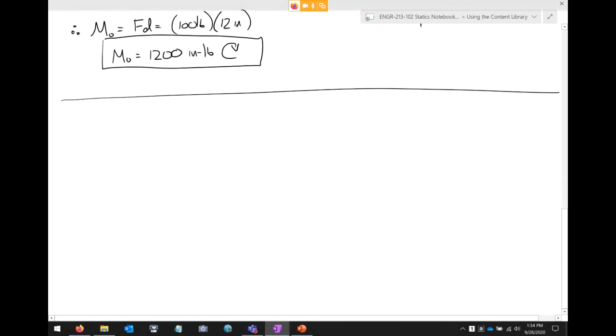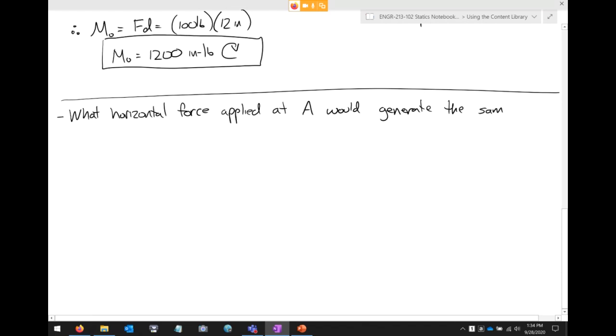Let's talk about this next question. So the next question is, what horizontal force applied at A would generate the same amount of moment?